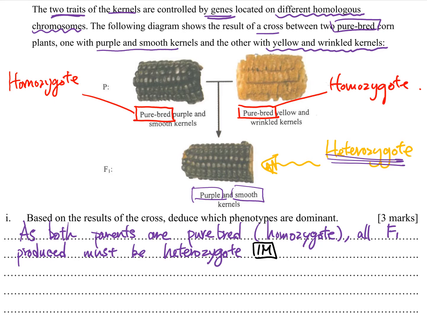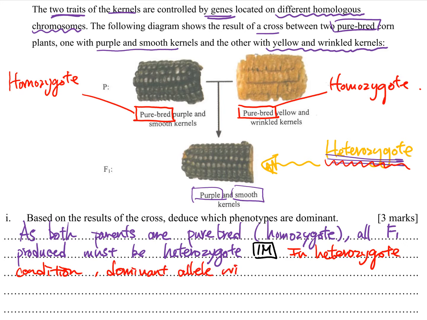And then for the second mark, you tell me in heterozygous condition, only the dominant allele will be expressed, while the recessive allele is masked. You get the second mark.